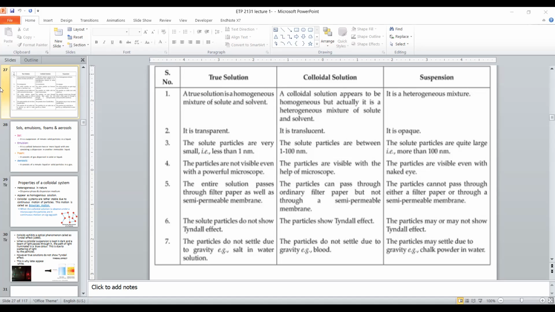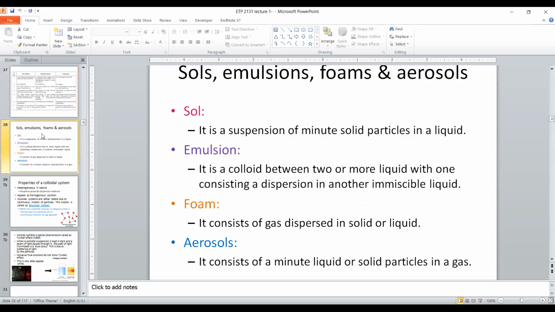Okay, so let's see what are sols, emulsions, and foams. Now, sol means in a colloidal system, you have a major component and a minor component. Yes or no? You have a dispersing agent and a dispersing medium. Dispersing agent is the minor component.